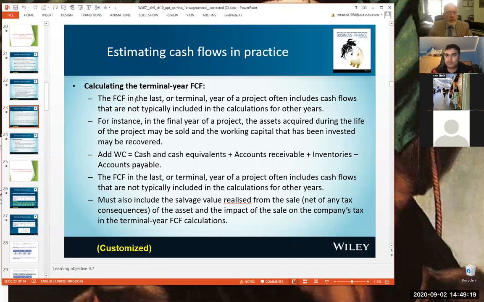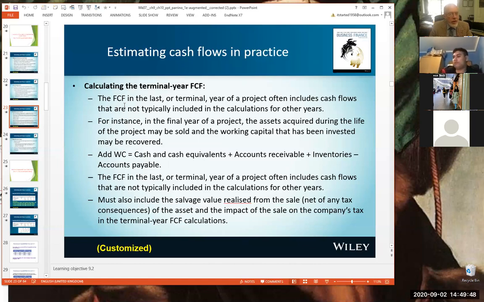Right. An important issue here, and it really comes illustrated in that cash flow diagram that I showed you, is that the terminal year free cash flow is not typical. And the reason for that is that it has the end event.